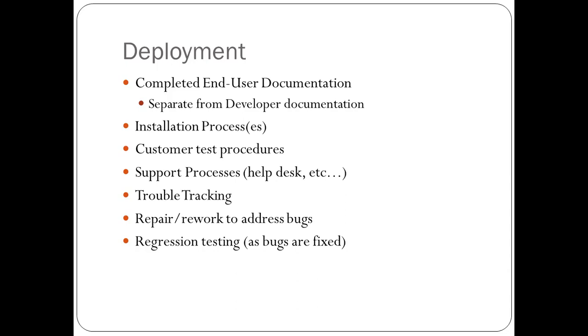So trouble tracking. So there are a number of other procedures or methods that will be provided with the guide, or we can say the documentation, so that we can easily track those troubles and repair or rework to address bugs, so that we can also rework if there are some problems at basic level, and we can repair all those. Regression testing.